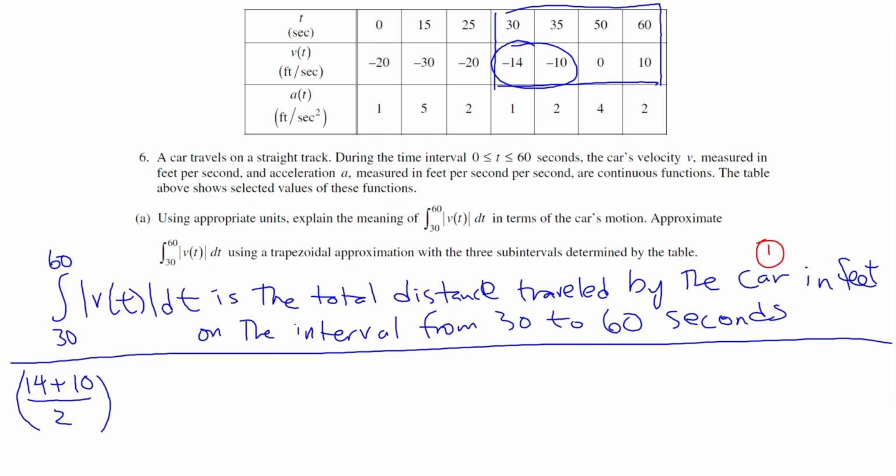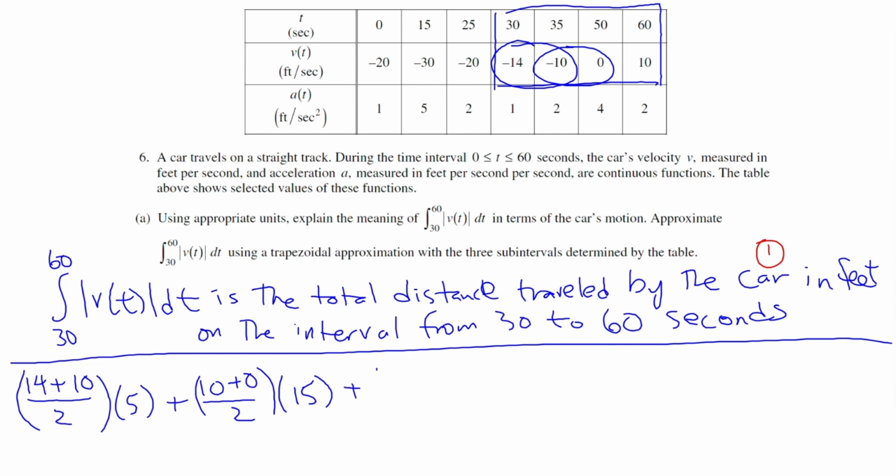multiply it by the width of that interval, the time length, that's 5, from 30 to 35. Then the next one we'll do 10 plus 0, because the next velocity is 0. When we divide by 2, we're going to multiply by 15, because that's the time interval from 35 to 50.